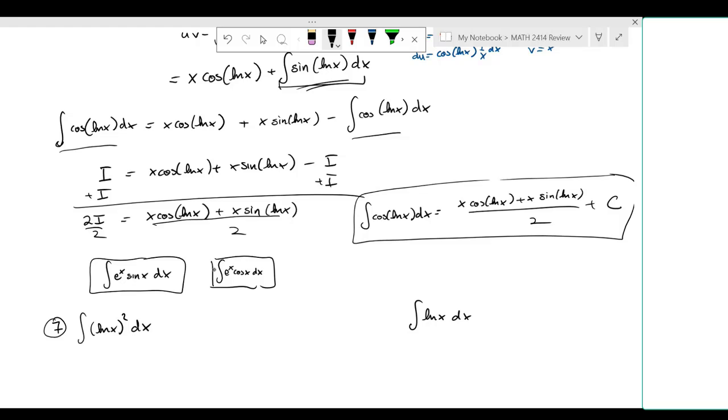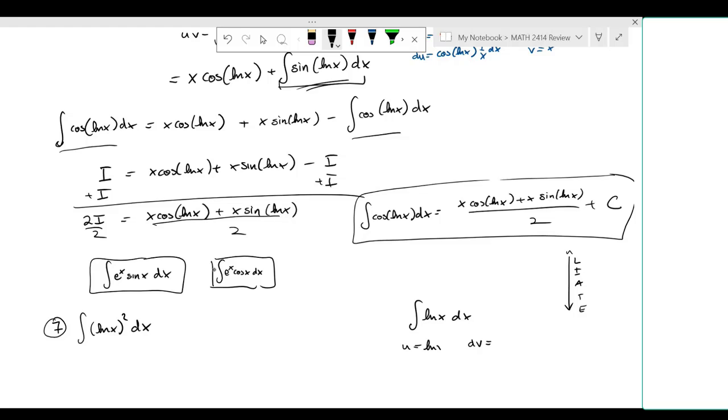If you have just the integral of log x, does anybody know what u and dv should be? Yeah, there's really no choice, right? We don't know how to anti-differentiate log x. I mean, that's why we're in this predicament in the first place. I guess log comes first in our acronym for choosing u.